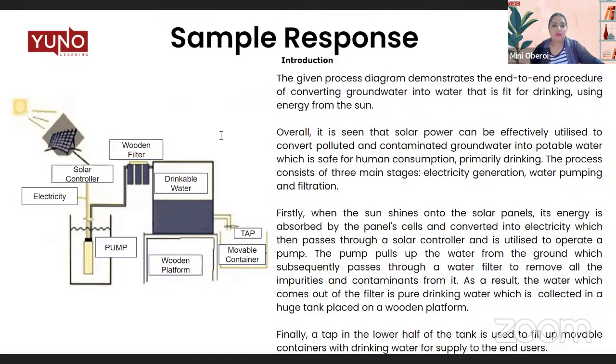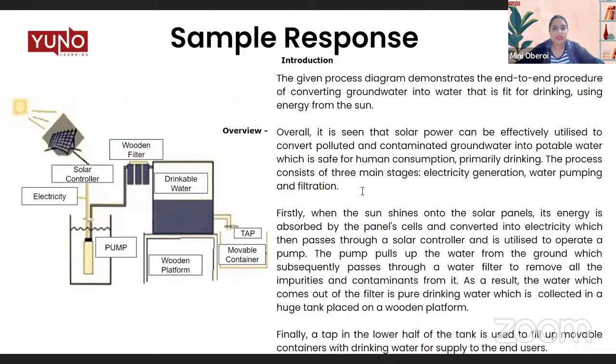After this, we come to the overview paragraph. So the overview paragraph will mention what this process is majorly. So overall, it is seen that solar power can be effectively utilized to convert polluted and contaminated groundwater into potable water, which is safe for human consumption, primarily drinking.